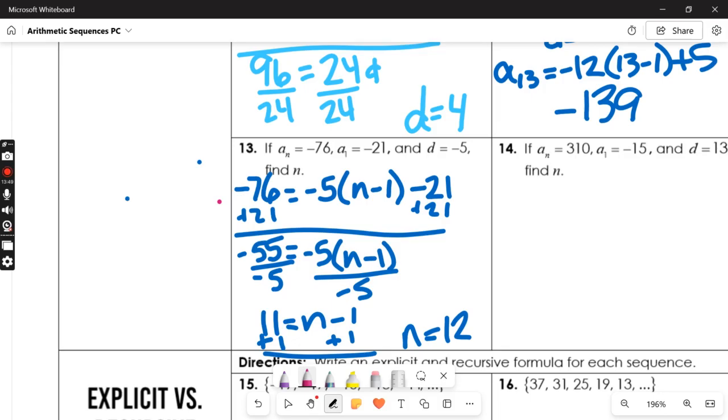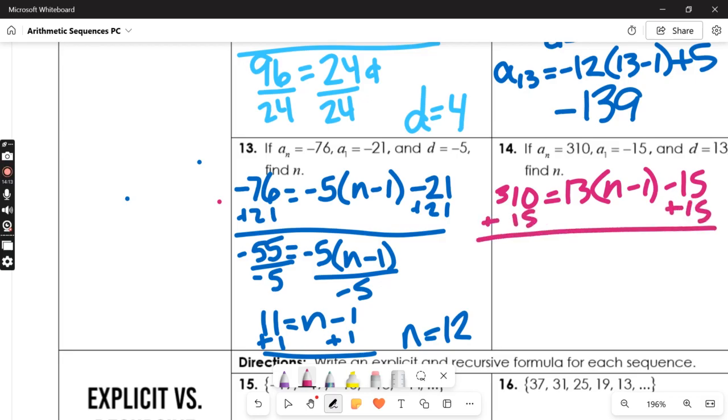Okay, AN is equal to 310. D is 13, A1 is minus 15. So my first job is going to be to add that 15. So I have 325 is equal to 13 times N minus 1.